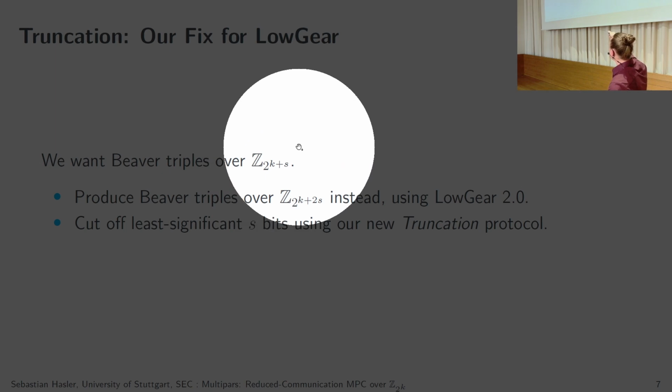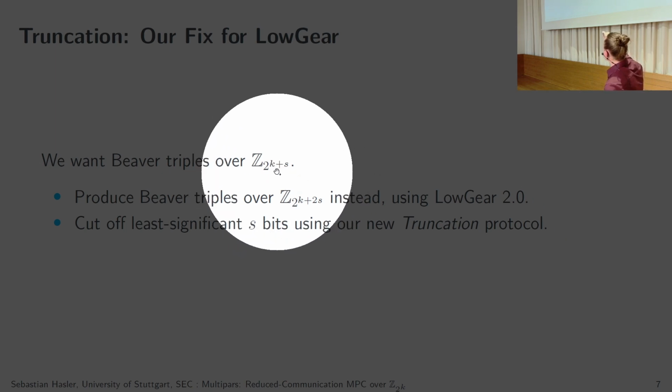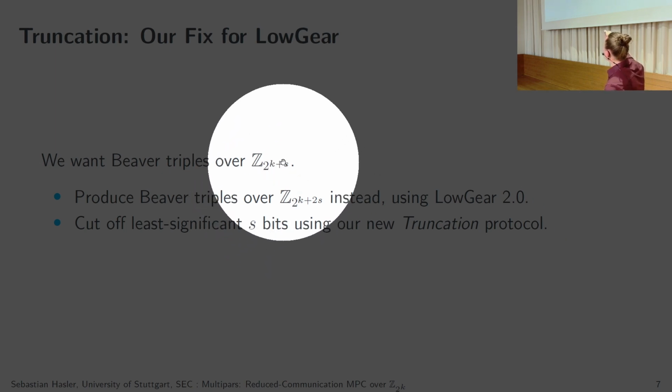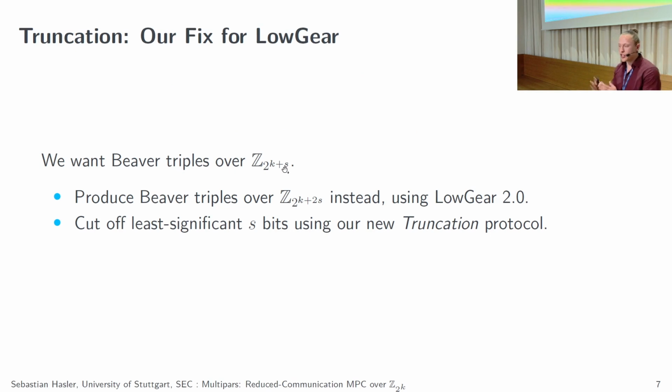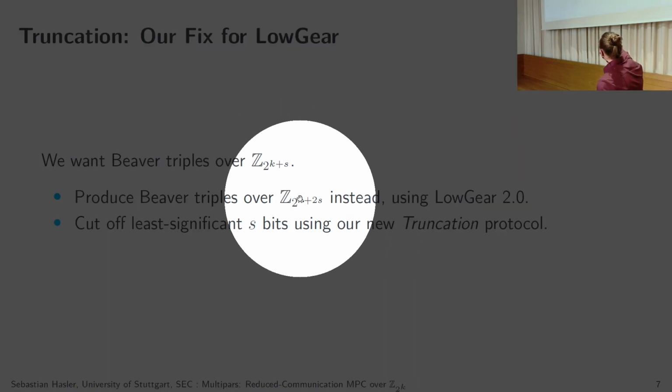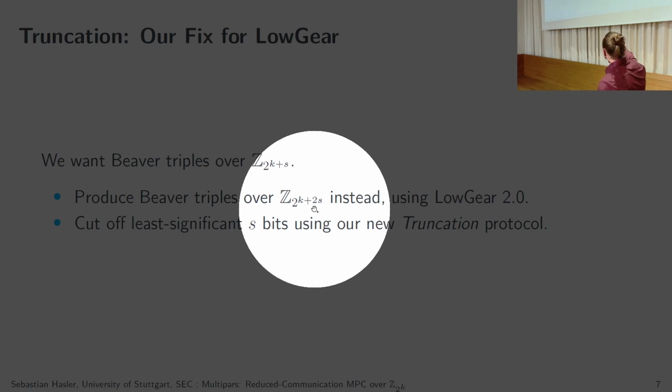But if you know Z2k, then you already know this, that we have these additional s bits for the MAC. And now our fix is to produce Beaver triples over Z2k plus 2s instead. So we add another s bits here.